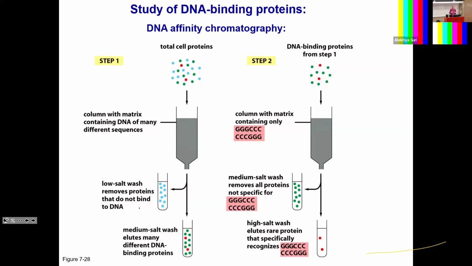When a transcription factor or DNA binding protein is interacting with DNA, it's an ionic interaction.